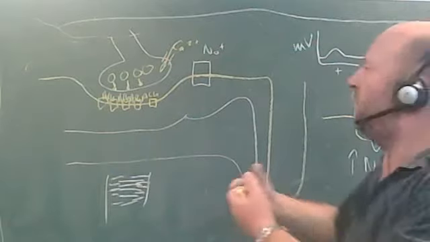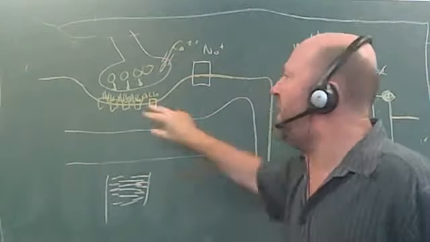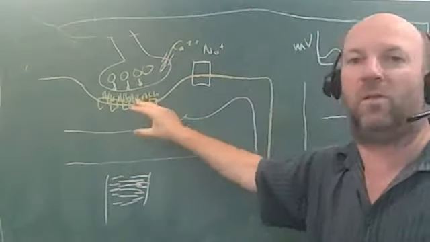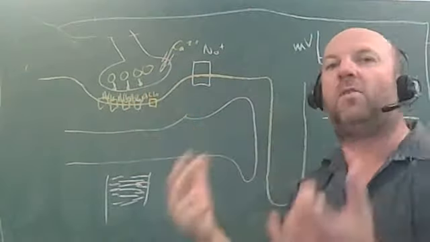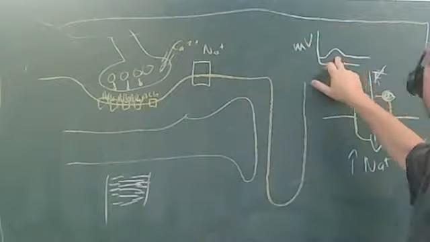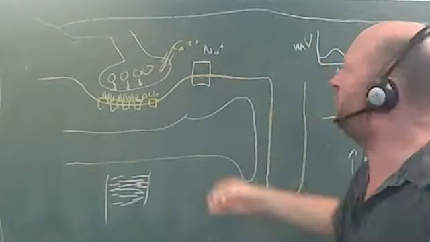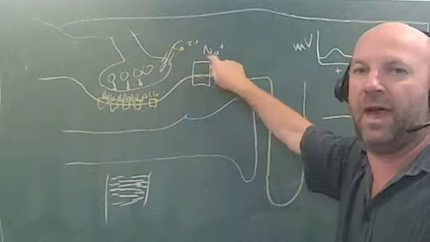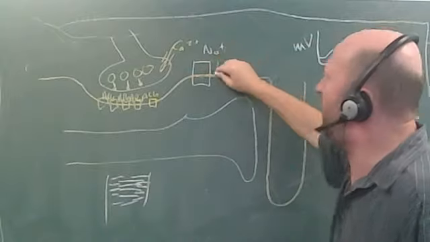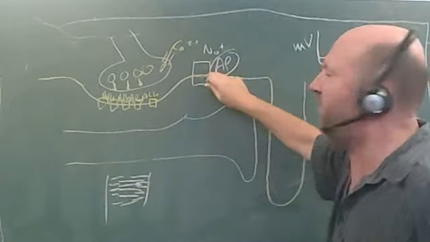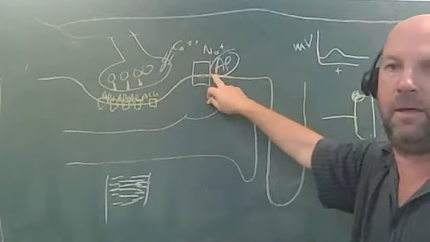You release the acetylcholine, it binds all these nicotinic receptors, sodium ions come in, you produce lots of miniature end plate potentials, and this will cause threshold to be reached at these voltage-dependent sodium channels, and you'll produce an action potential in the muscle membrane.